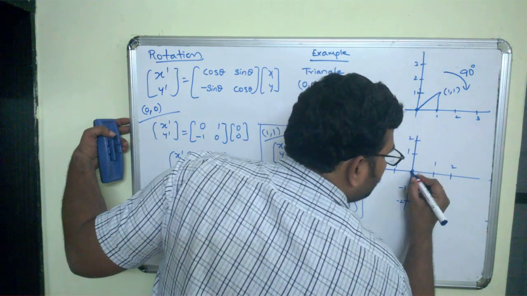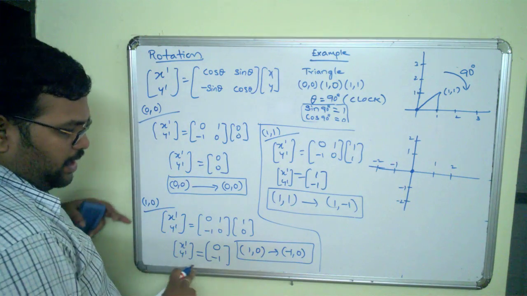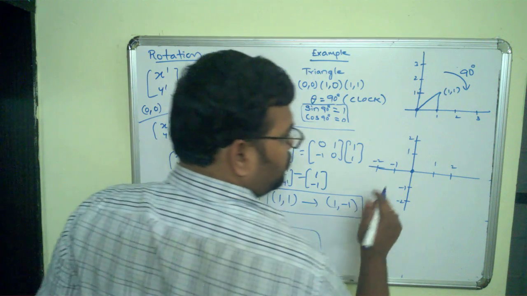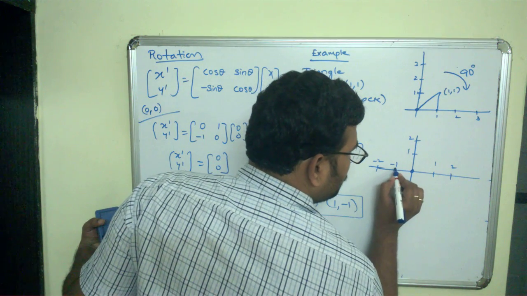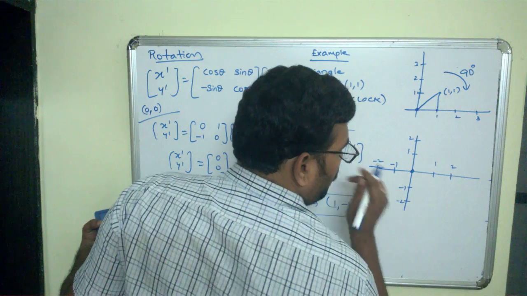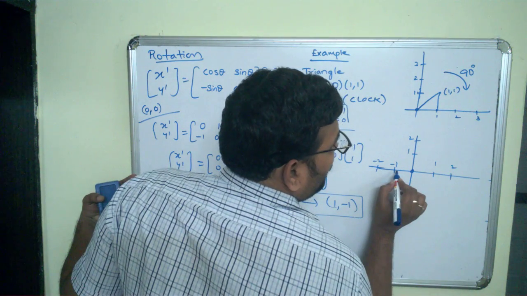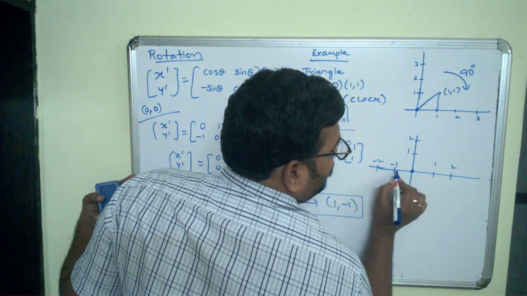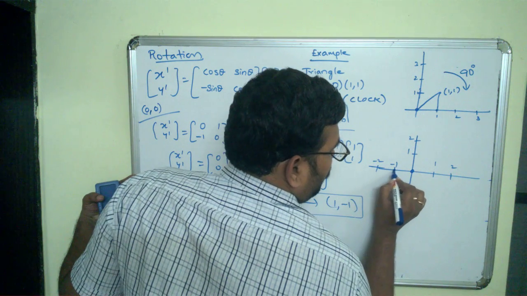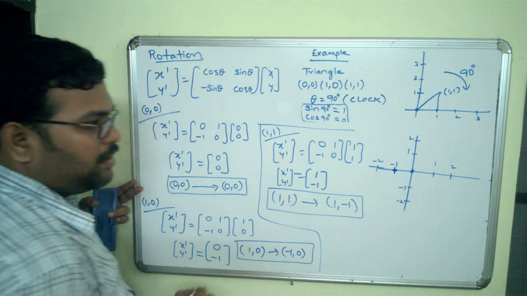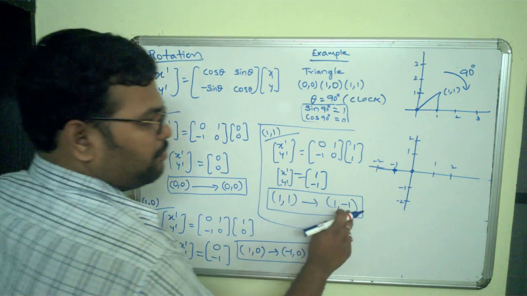The first point is 0 0, this one. Second point is minus 1 0. So minus 1 0 means this one. Next point is 1 minus 1.